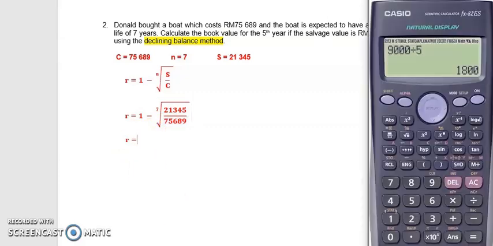So R equal to, take four decimal points, R equal to 0.1654.